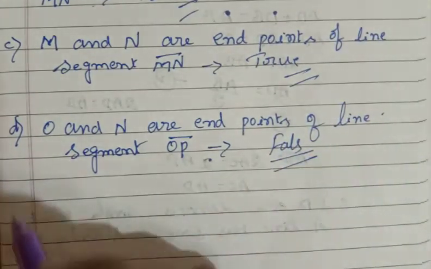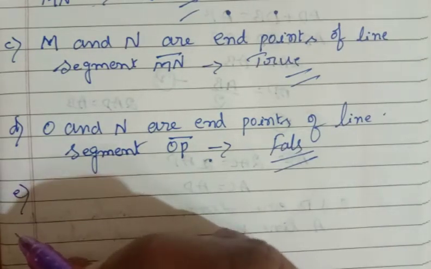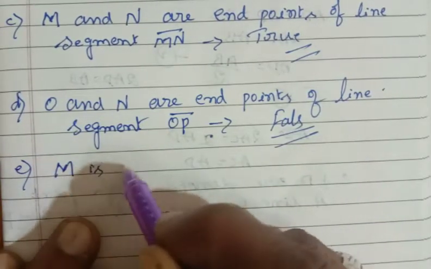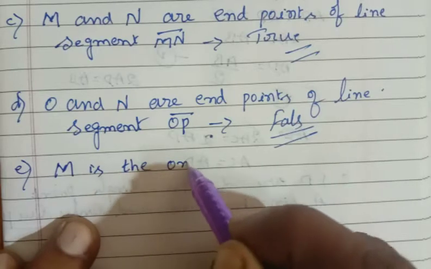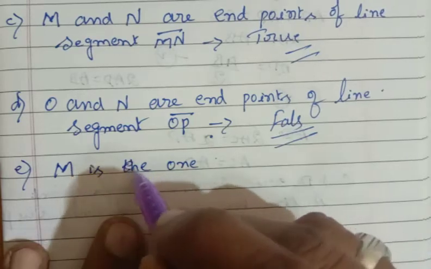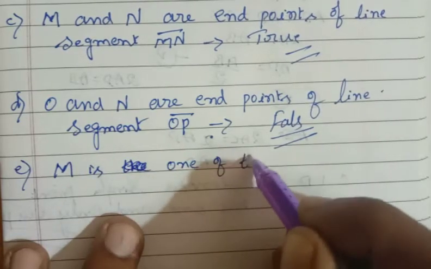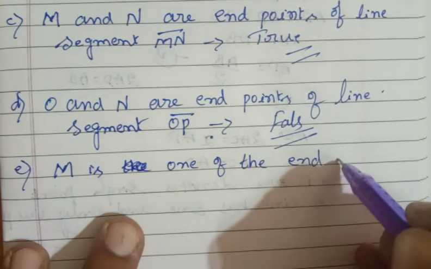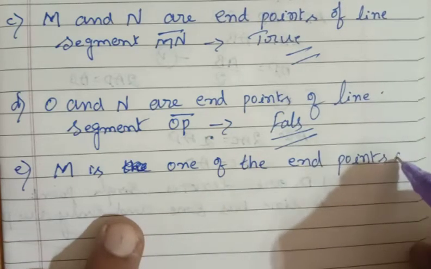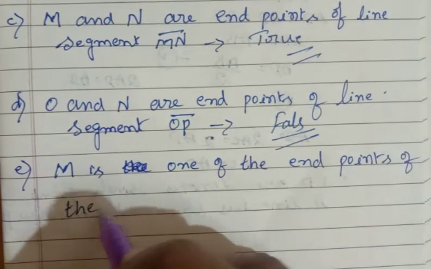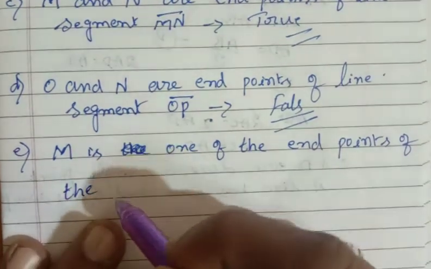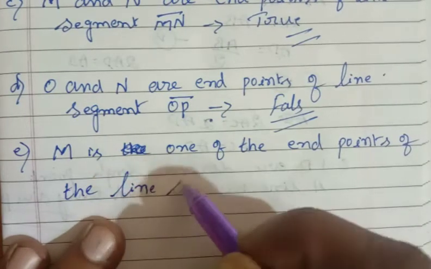Now take E: M is one of the endpoints of line segment QO.